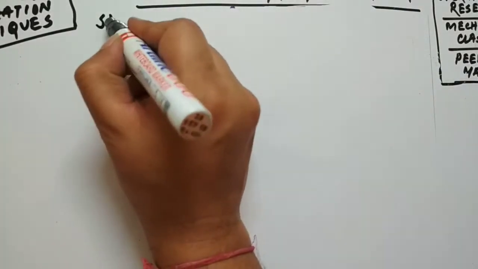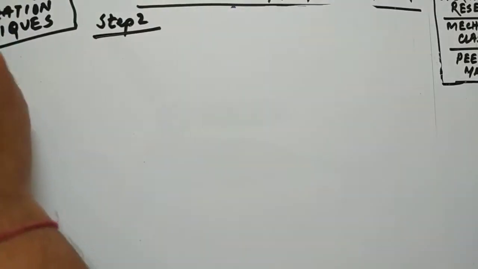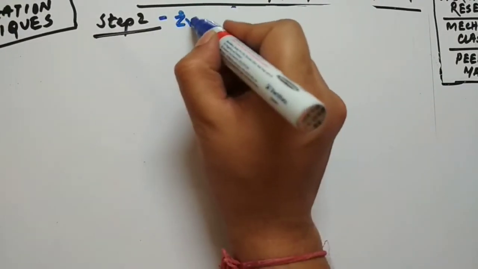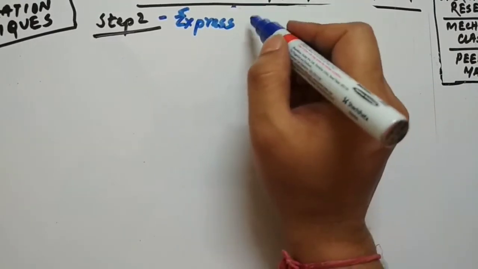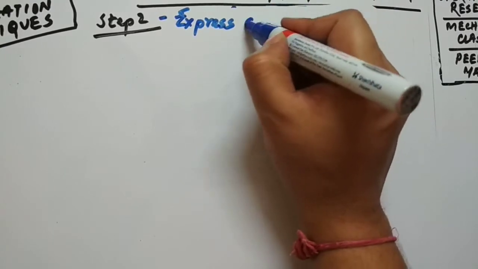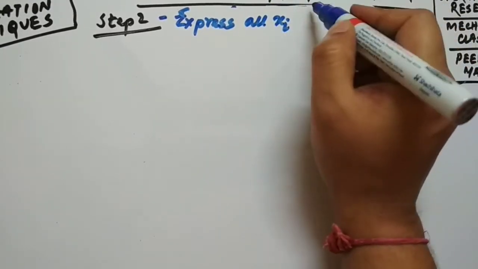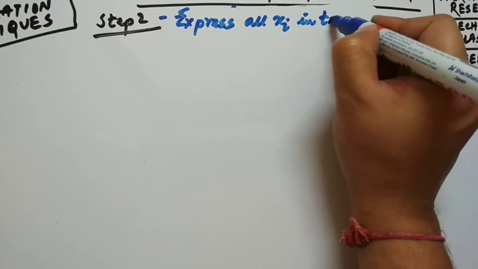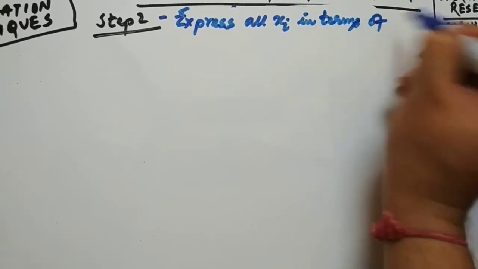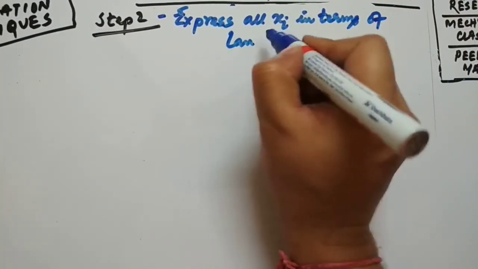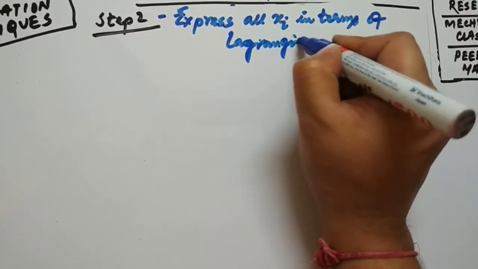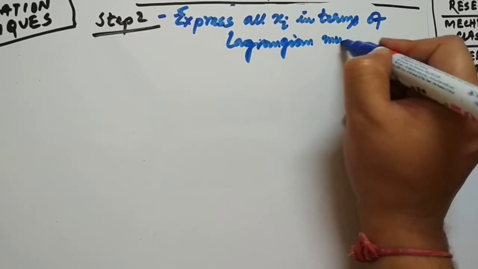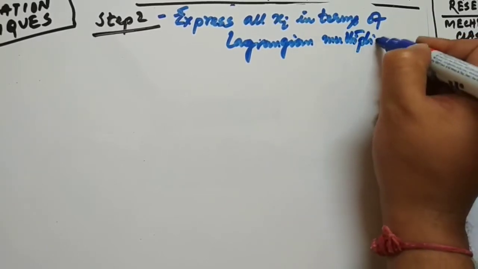Now step 2. Step 2 says: express all xi in terms of the Lagrangian multiplier lambda.